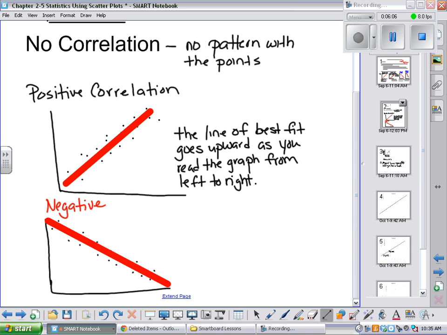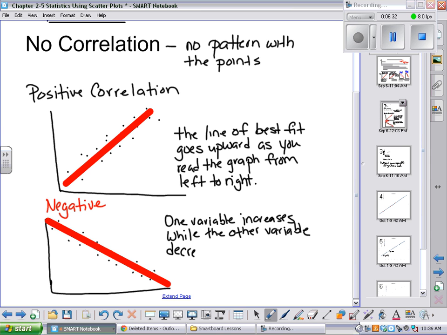With a negative correlation, one variable increases while the other variable decreases. The line moves downward from left to right.